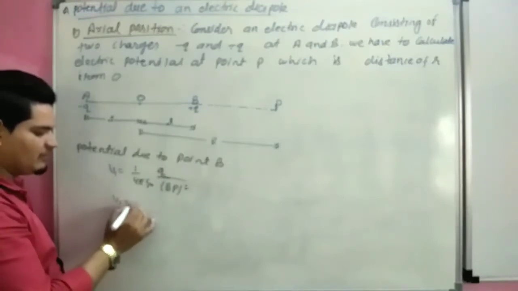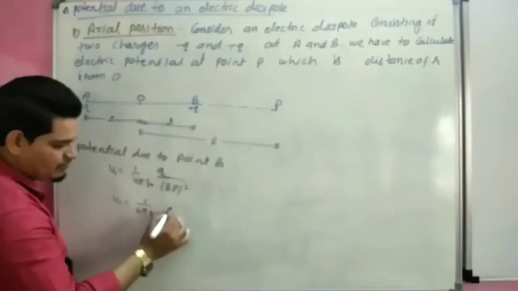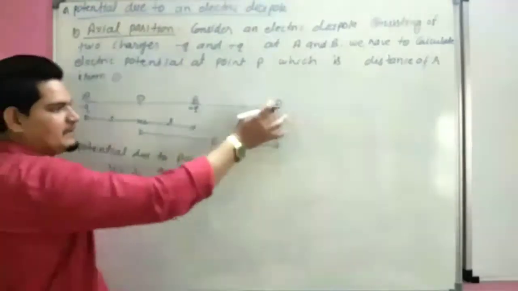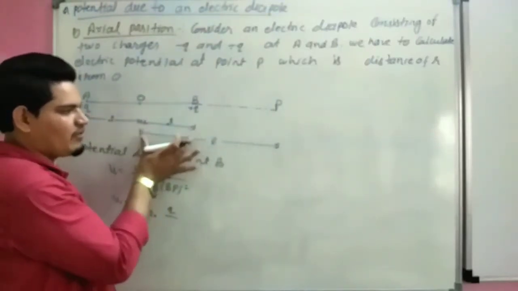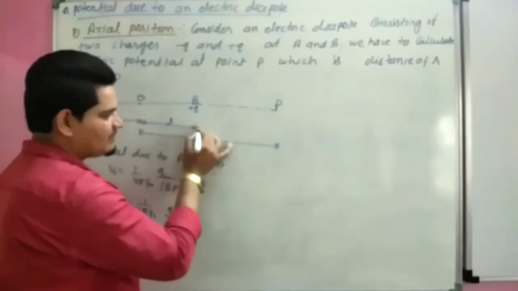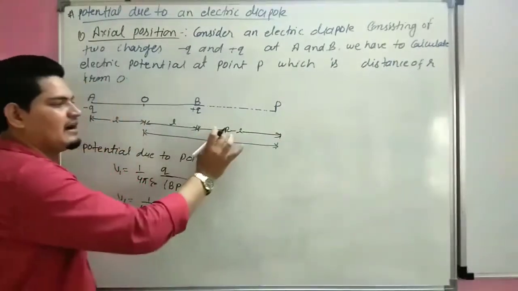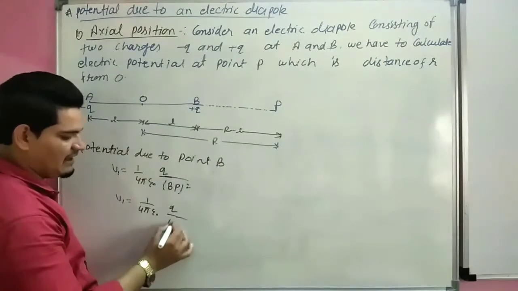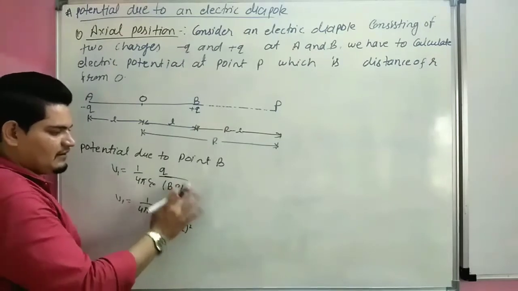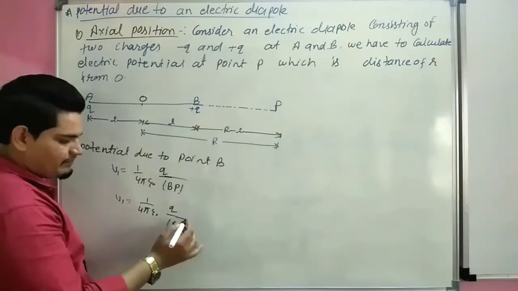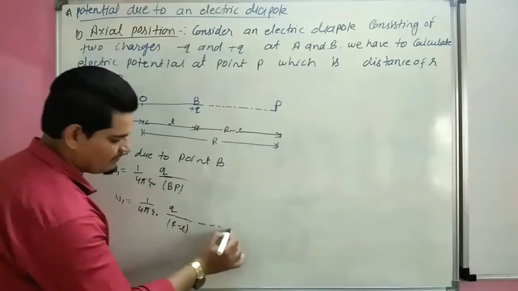So V1 is equal to 1 upon 4 pi epsilon naught, charge plus Q divided by BP. The total distance is R; we subtract this distance l from R. So the distance is R minus l, and the formula has the distance squared. So this is equation 1.